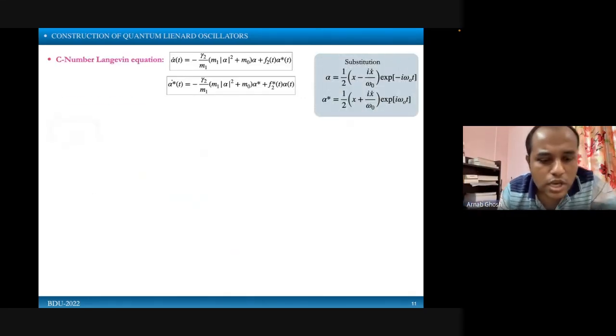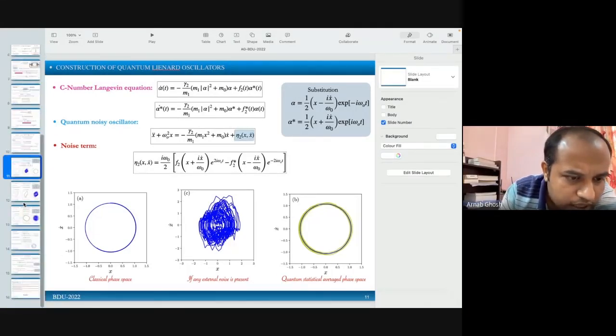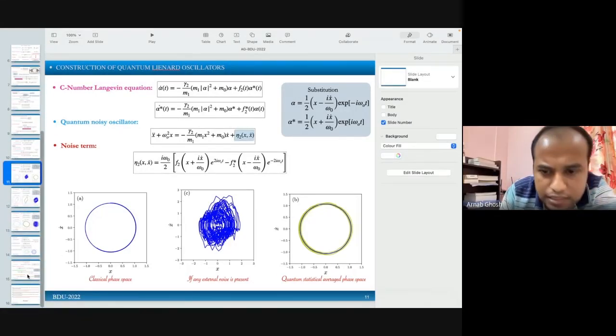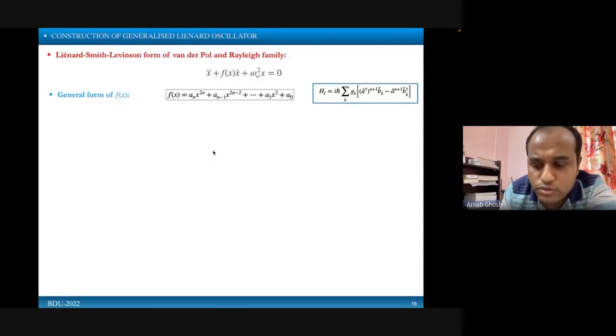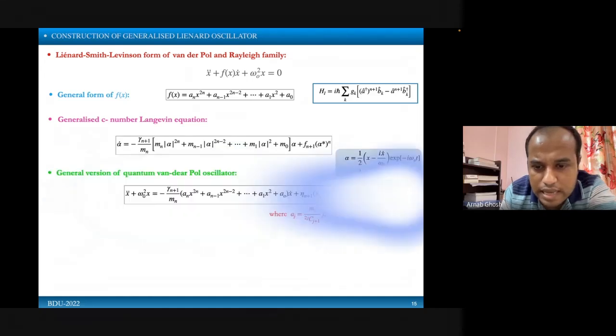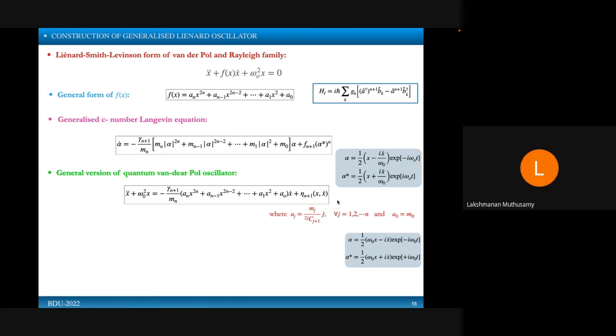I discussed this general form, and there is a general relation between them. If you want to have these polynomials with various a_j, then there is a relation between this m_j and this a_j. These are the relations for the Van der Pol oscillators. Thanks. Yes.